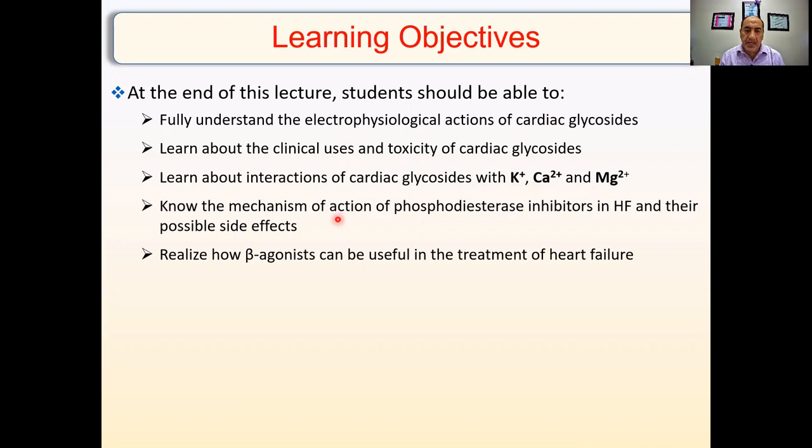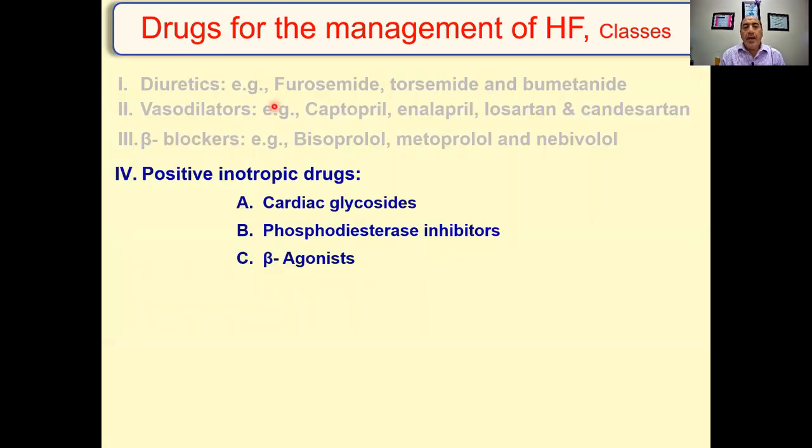We'll discuss also the last two classes, which are the phosphodiesterase inhibitors and beta-agonists with regard to their mechanism of action and their useful and side effects. As we said, this is the last video about this management of heart failure, which will include the remaining part of cardiac glycosides with phosphodiesterase inhibitors and beta-agonists.